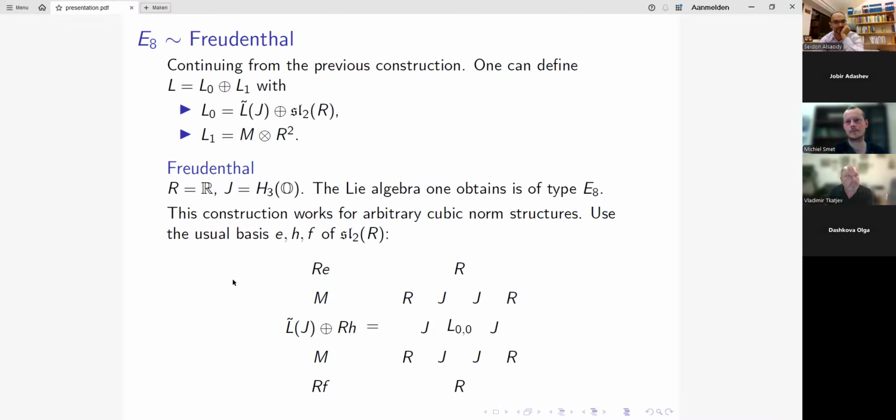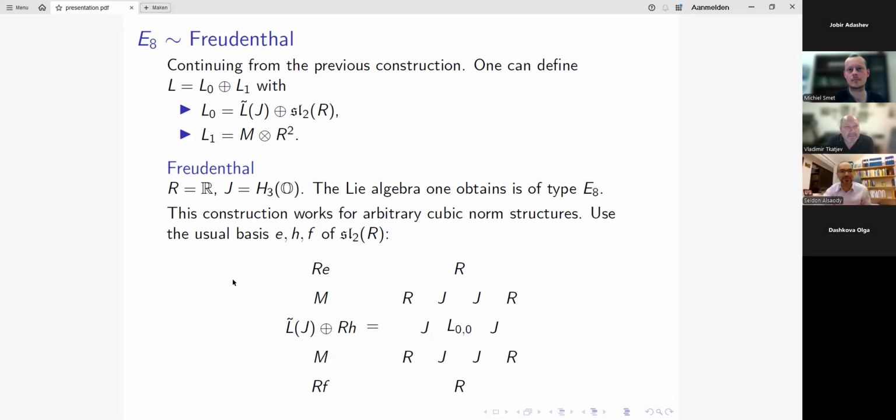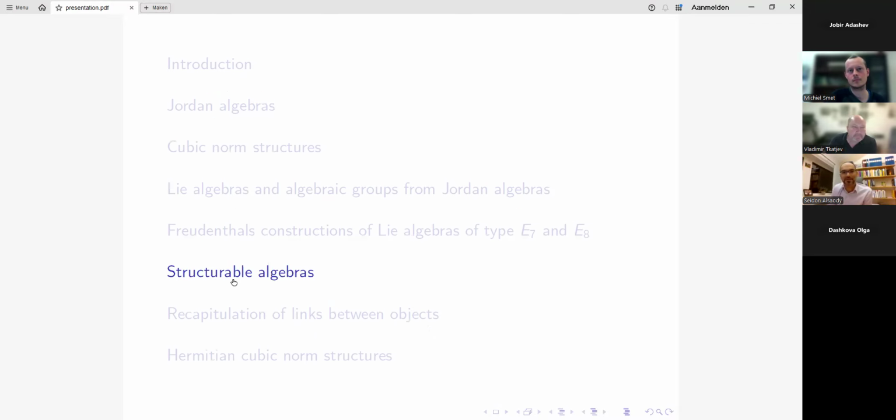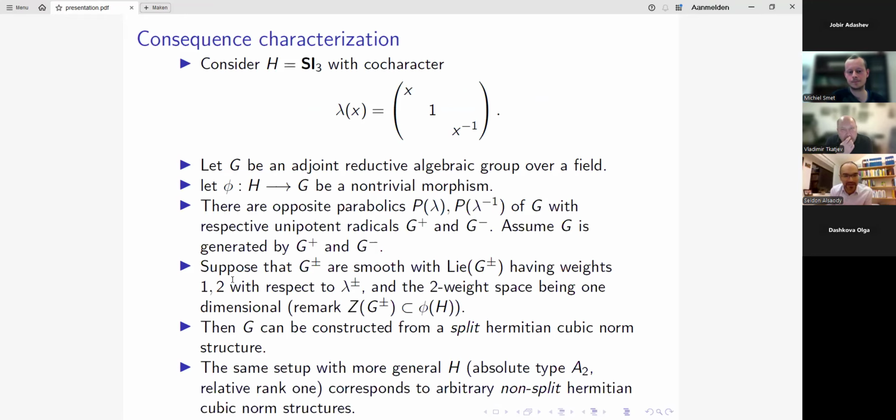Jan Seiden? Yes, I have a question. Thank you for the talk. So in the end, when you looked at the algebraic groups constructions, you assumed some smoothness at some point. Do you know how often this happens? Do you have examples?